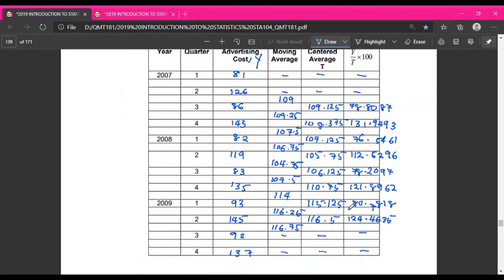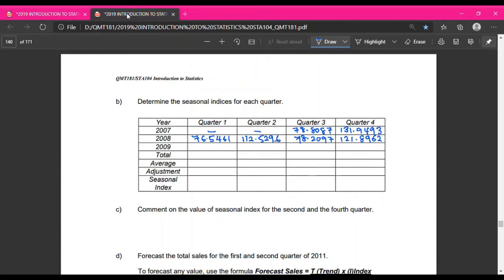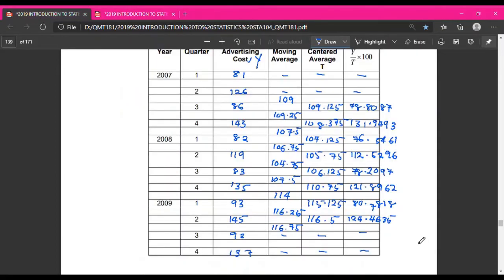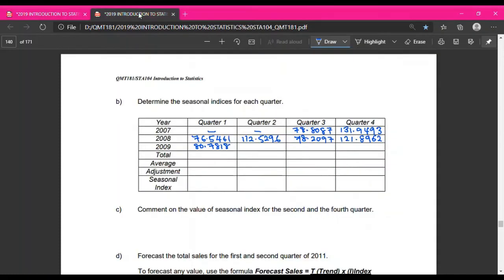First quarter 2009, 80.7818. Second quarter 2009, 124.4635. There is no seasonal variation value for the third quarter and fourth quarter of 2009.